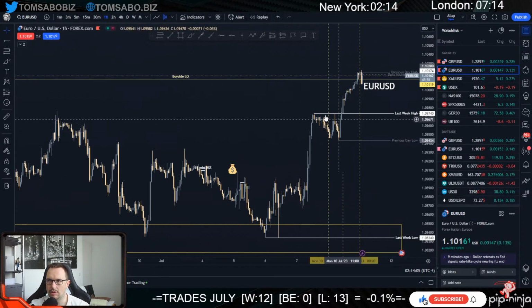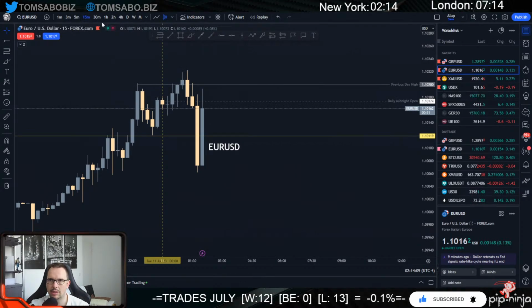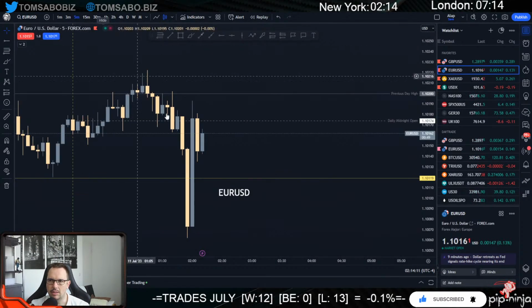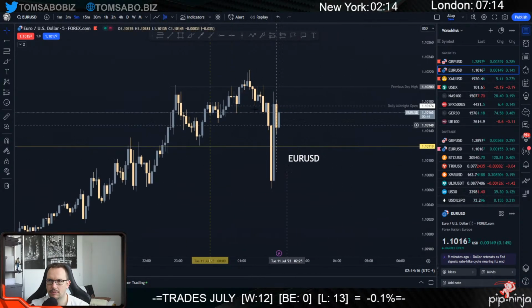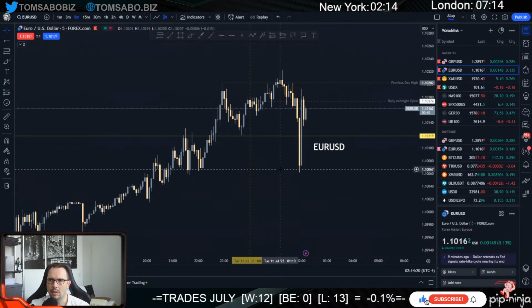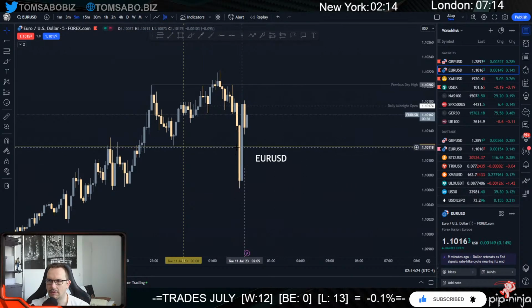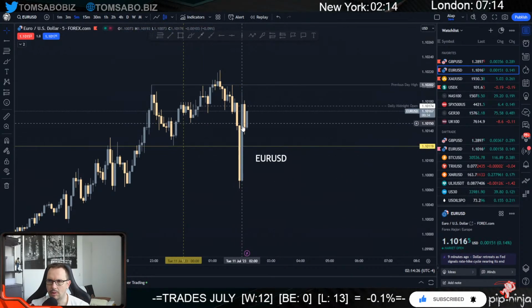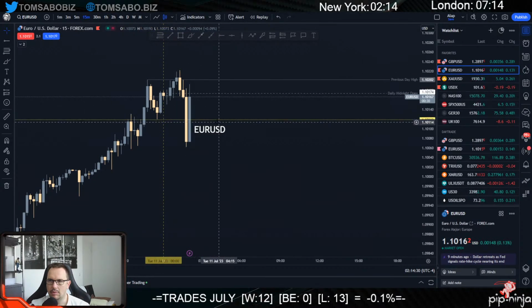This is the 1 hour, so that buy side has been taken out, which is great. There was no imbalance left here, only this one actually. Look at that. On the 5 minute, this was the buy side liquidity there. On the 5 minute, it broke lower. Can be even seen on the 15 minute.